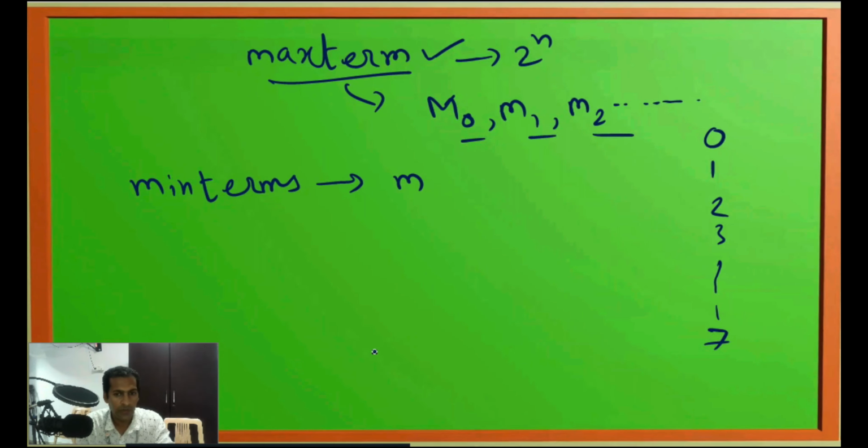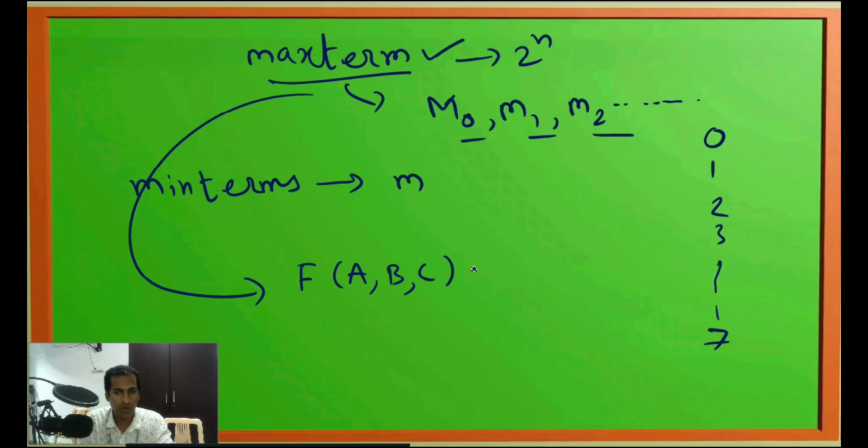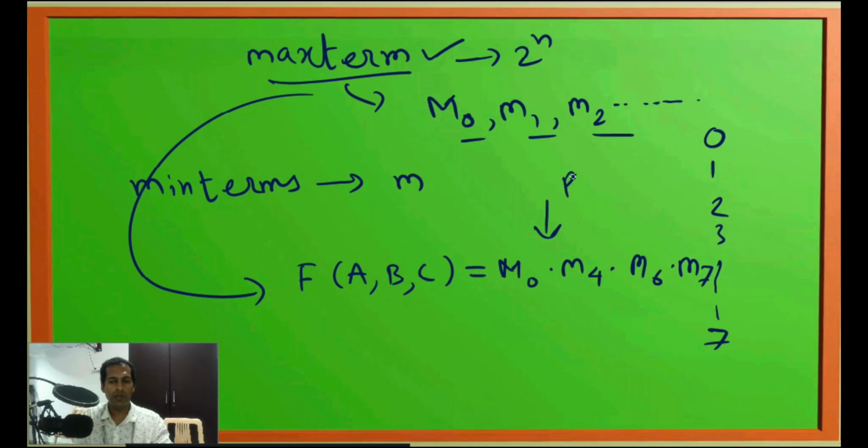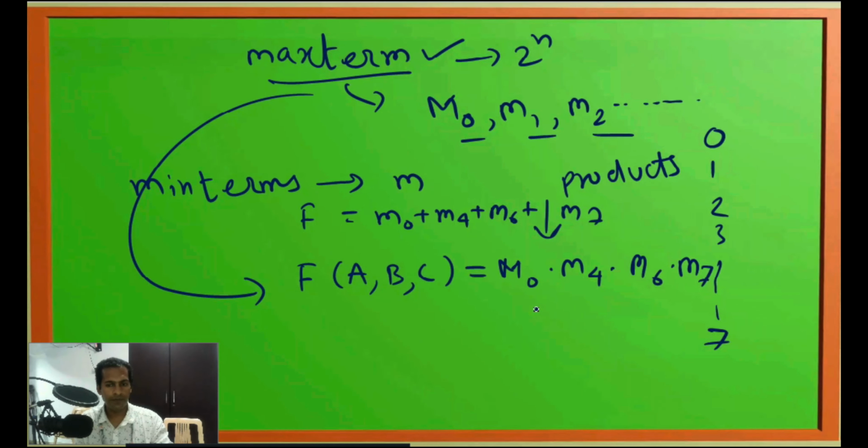Now if we have some function in max terms, we can write it as a function of a comma b comma c is equal to, say, M0 into M4 into M6 into M7. These represent the products.